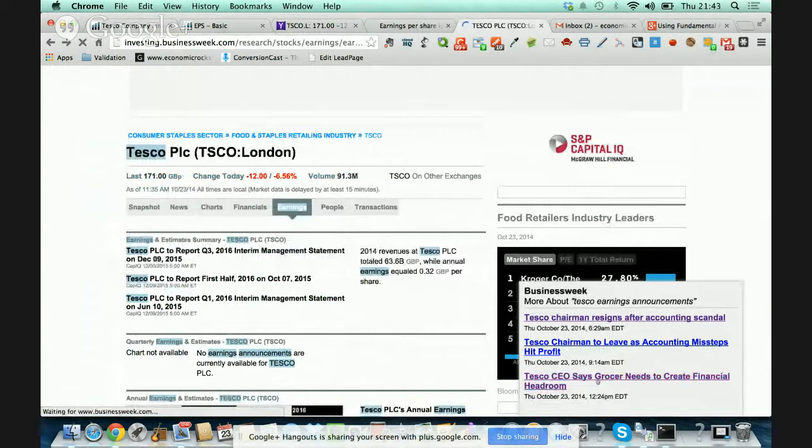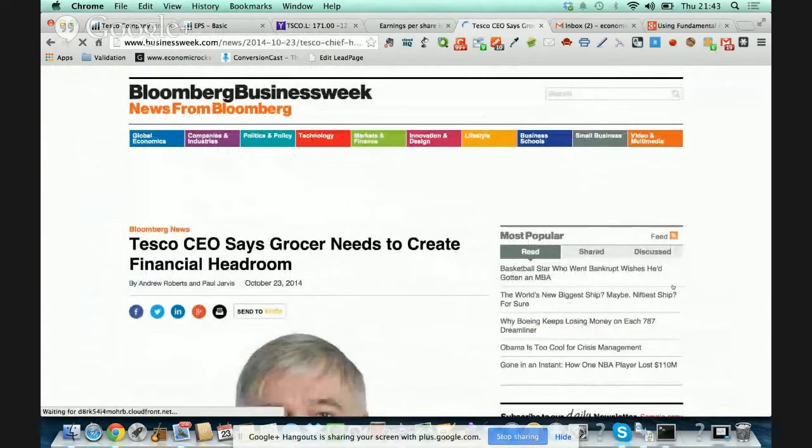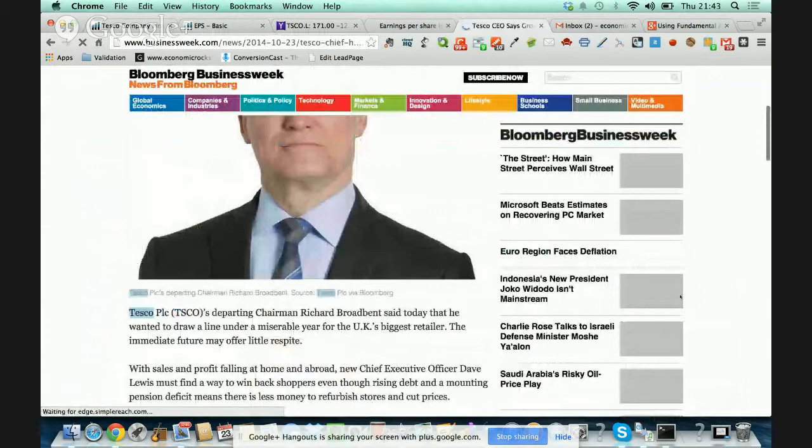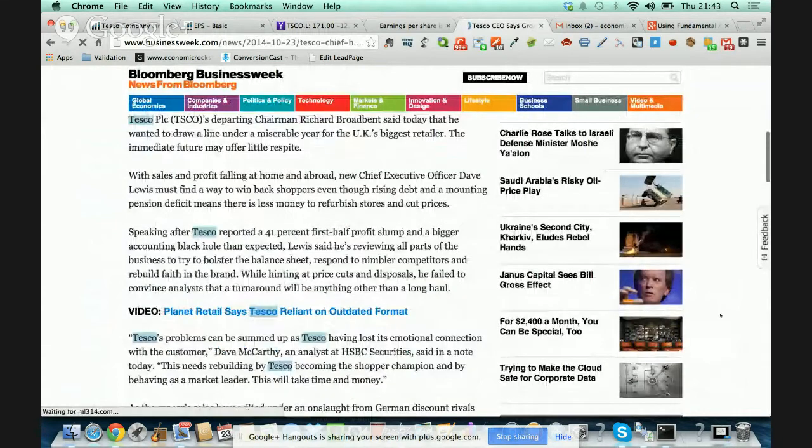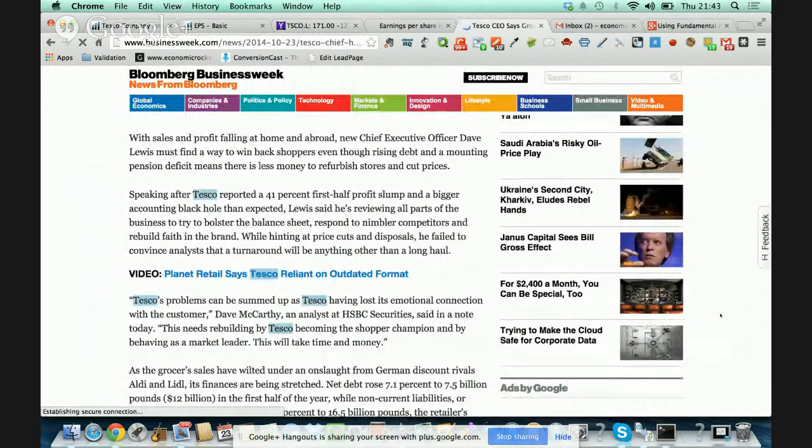Needs to create financial headroom. In other words, it needs to clean up its books. Something I didn't mention: pension deficit wouldn't necessarily be noted on the website we were looking at. So it needs to bolster its balance sheet.